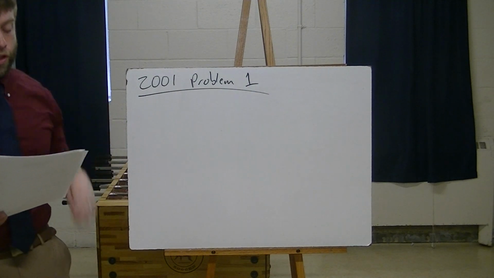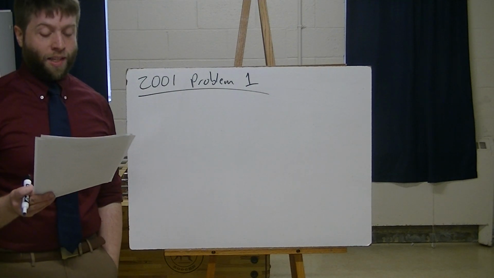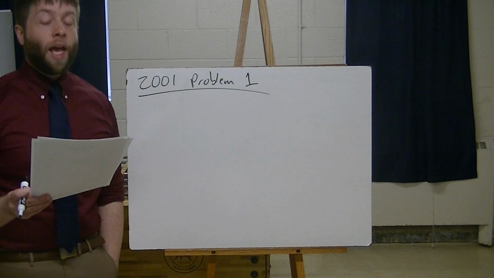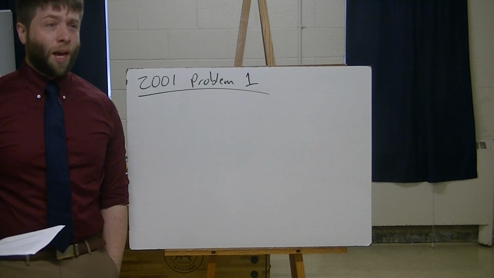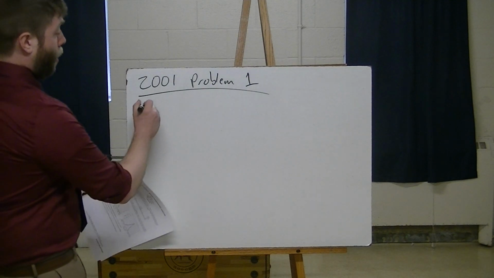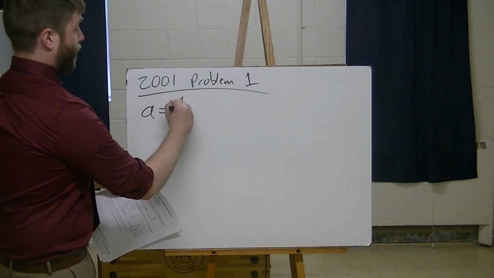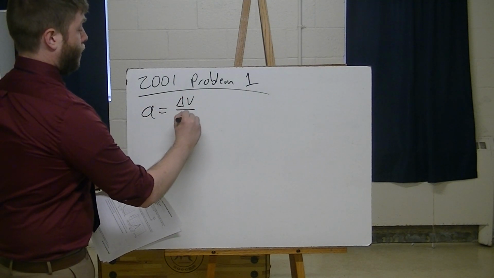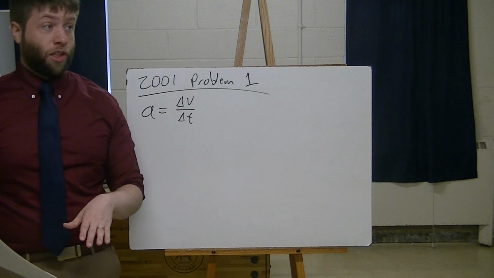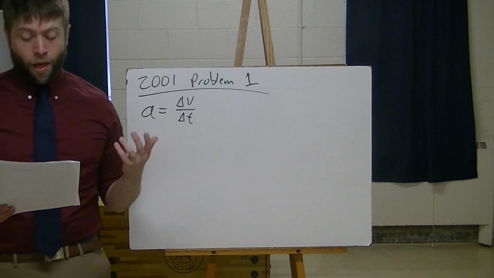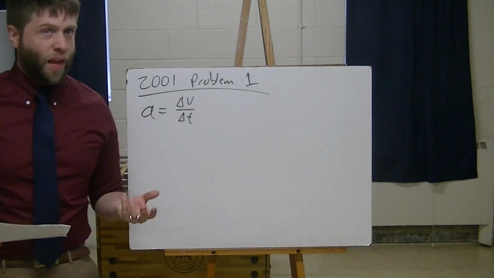Okay, first thing, determine the cart's acceleration between 0.33 seconds and 0.37 seconds. Okay, so when it comes time to figure out acceleration, I know that acceleration is equal to delta V over delta T. So if I figure out the change in velocity and the change in time, I should be able to figure this out. We're going to estimate because we don't have exact numbers in the graph.